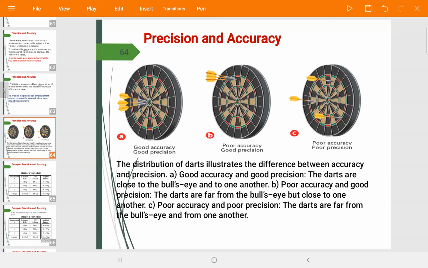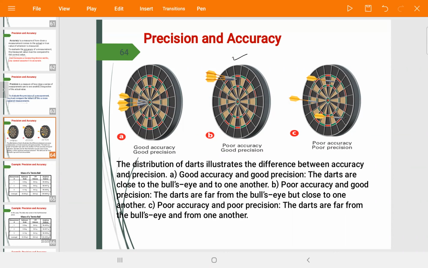All right, so we compare these three scenarios. For example, in the first one, you have good accuracy as well as good precision. If you look at the second part, these are poorly accurate because they are far away from the target, whereas we can say that this is a precise target.